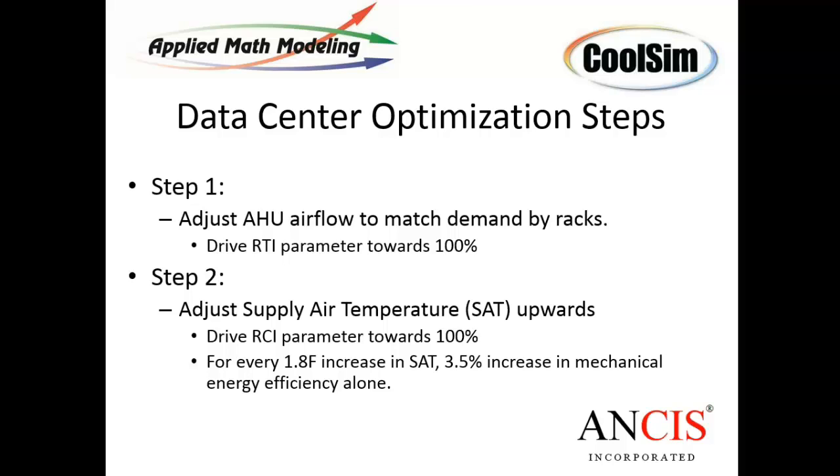And that will be your optimal operating point. At that point, what you simply need to do is make sure that you're okay for failure mode. In other words, what if one of these units drops out? Can the others cover? You want to cover that condition. But for the most part, in a steady state situation, driving RTI to 100 and then going for a supply air temp is the way to optimize the design.